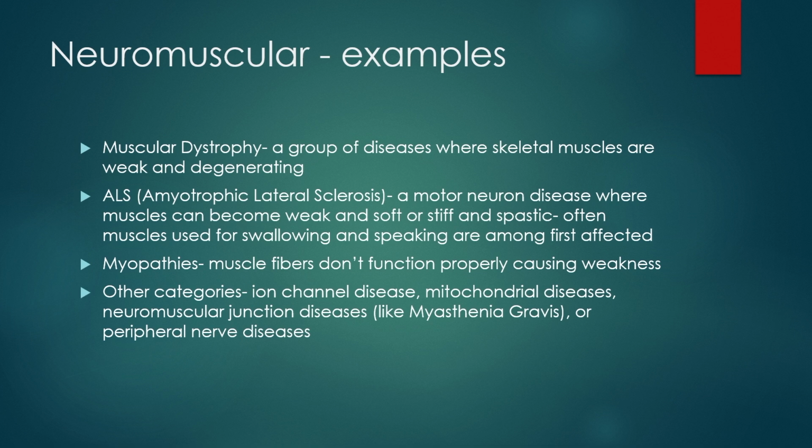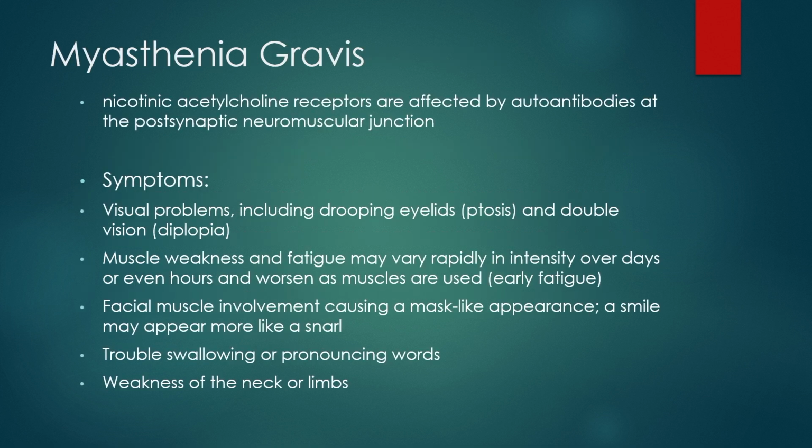So for myasthenia gravis, for instance, your autoantibodies are affecting the neuromuscular junction. So if someone says they have a lot of weakness, have them track your finger like Tom was mentioning before. And then if you have them look up and they can't hold their gaze up or their eyelid starts to droop down, that's a telltale sign in a lot of people of myasthenia gravis as well.